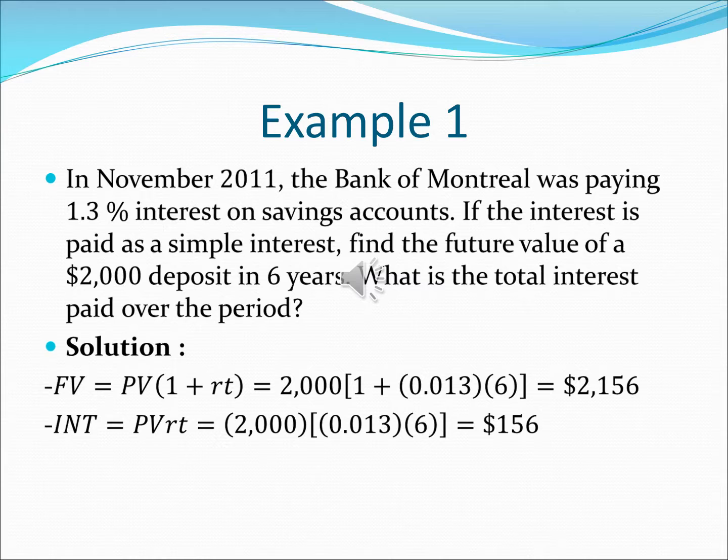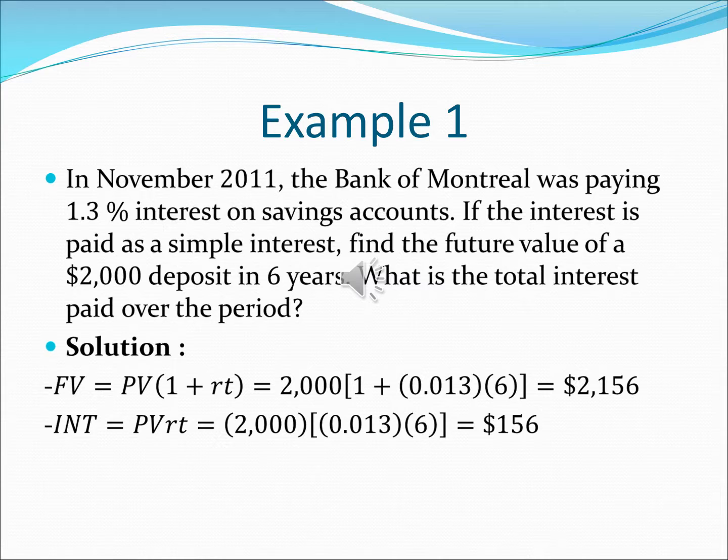So here I want to find the future value. What is the future value of an investment of 2,000? The future value would be equal to the present value times a factor 1 plus 0.013 times 6, and if we use a calculator, we find this equals 2,156.